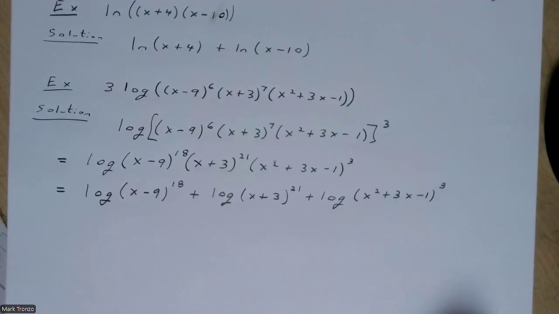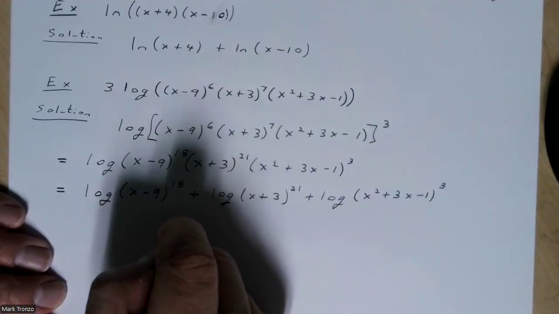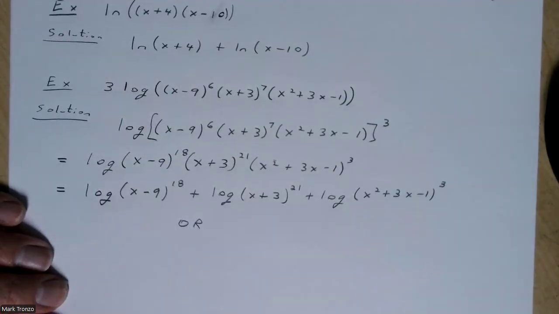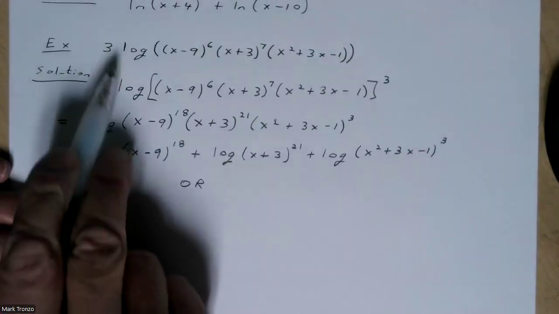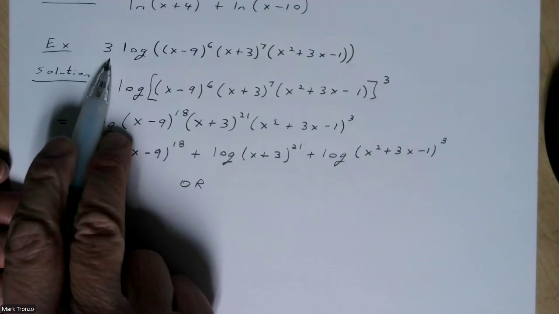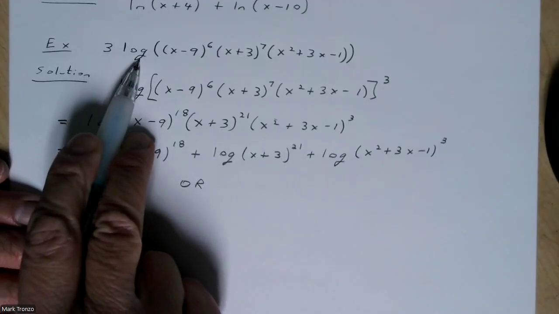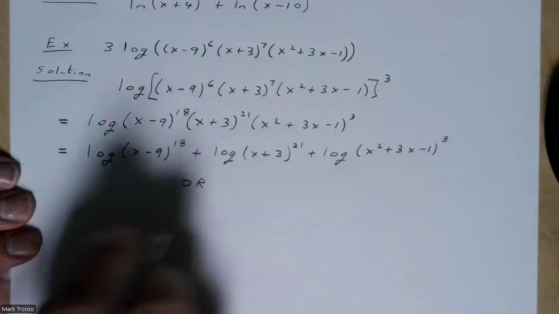Now, another way we could have done this, and let me just show you here, because this 3 is multiplied with this, would be the same as having 3 times each. So let me do this again.